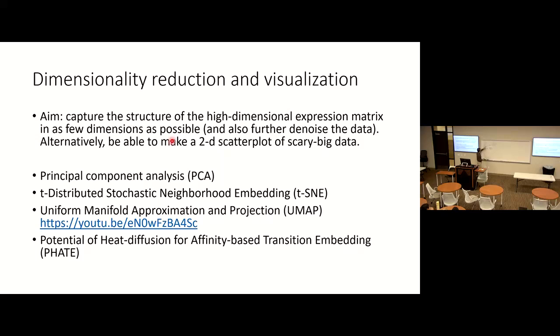So PCA allows you to find the rotation matrix in order to display the largest dispersion or variability, variation among data points.